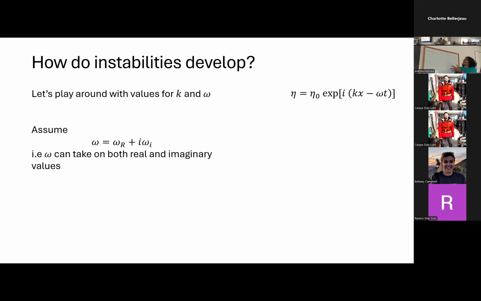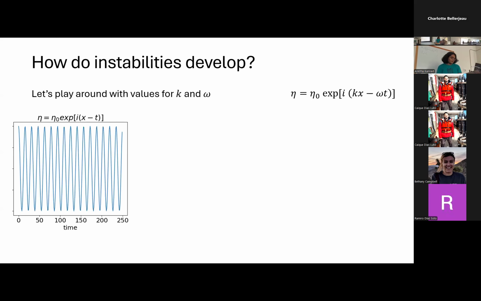We'll see what that means in the next slide. So let's just say we have K and omega as just real values. This is an example of that. It's just an oscillatory solution. So if you have a real K and a real omega, you just get an oscillatory solution.